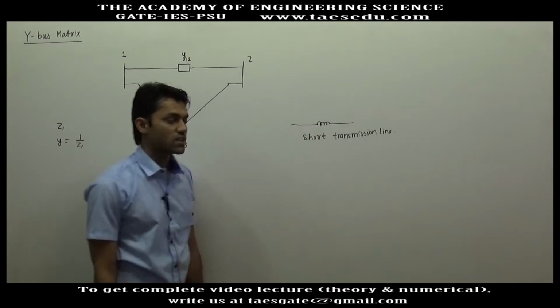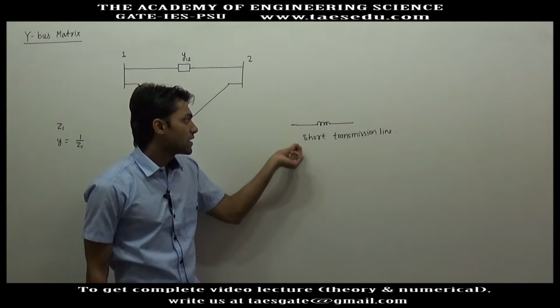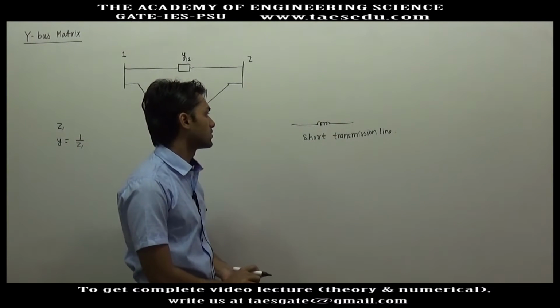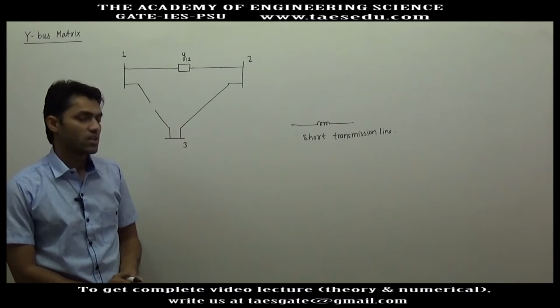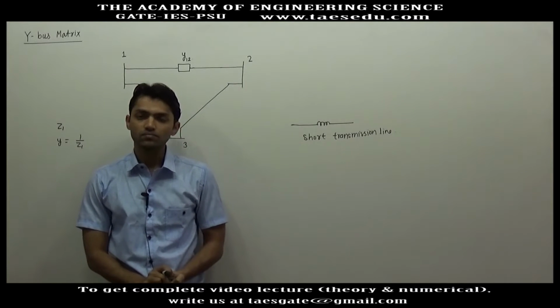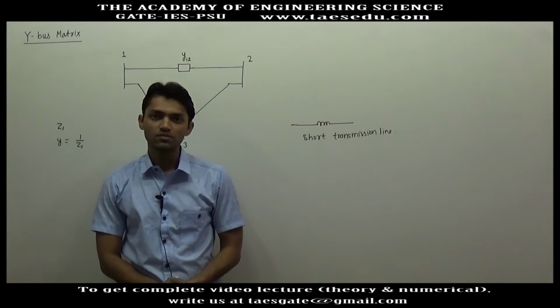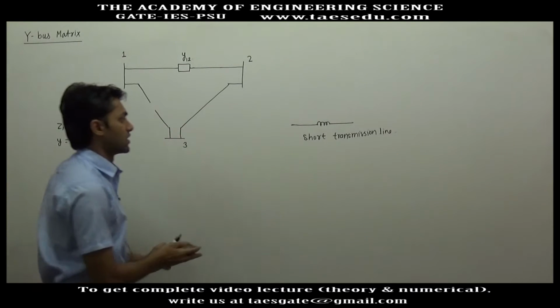In the case of a medium transmission line, we would have to take capacitances also. That depends upon which type of modeling we are using for the medium transmission line. We may have a pi model or a T model, which we will discuss later. First we discuss the short transmission line.